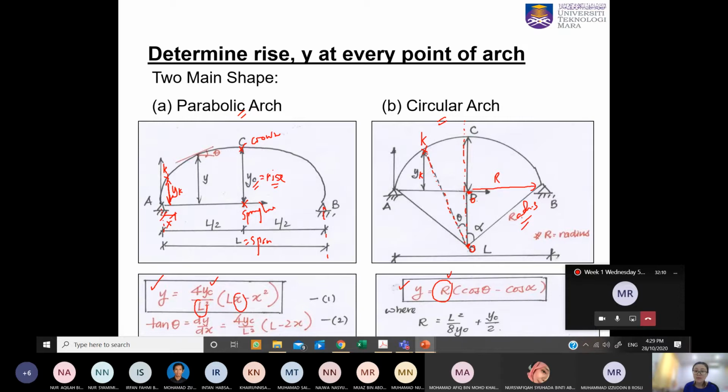Let's say this is your y-axis. The angle between the drawn sections will be theta.